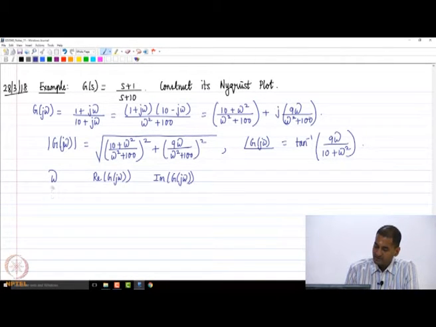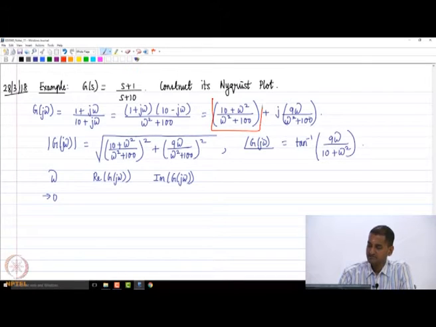Now if omega tends to 0, what will happen? What do you think will be the real part and the imaginary part? Please note, the real part is this. What will happen to the real part as omega tends to 0? 0.1, right? So as omega tends to 0, the real part is going to be 0.1. What about the imaginary part? It's going to be 0.